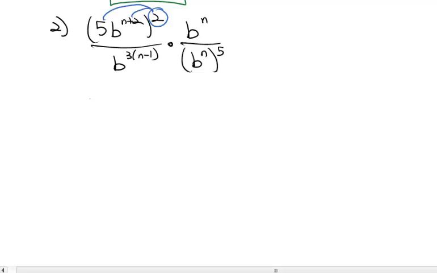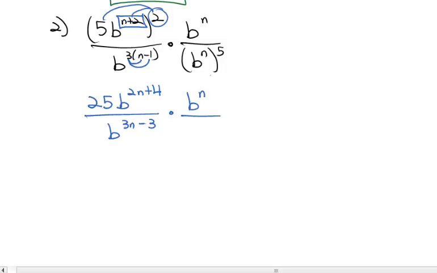So we have 5 squared, which is 25. b to the, we're going to multiply the entire exponent by 2. That's going to give us 2n plus 4. Over b to the, we might as well distribute, 3n minus 3, times b to the n over, again we multiply as we go through parentheses, b to the 5n.